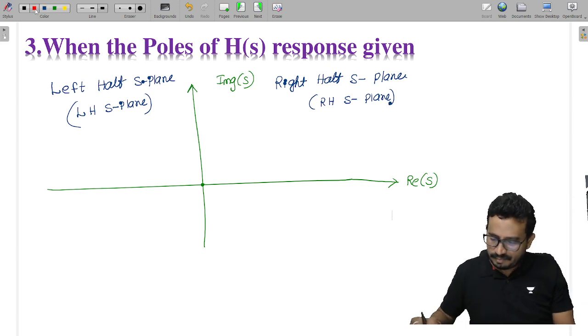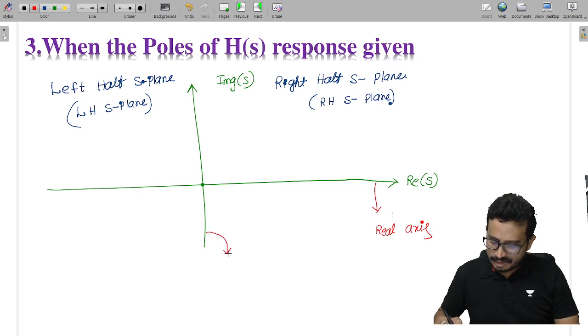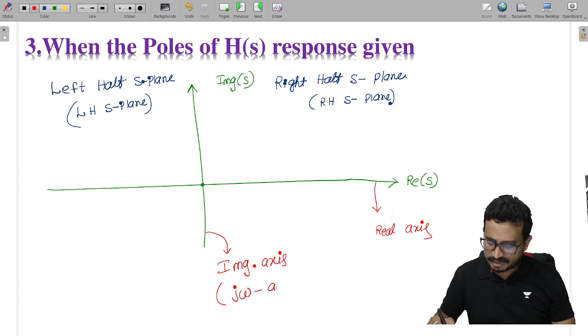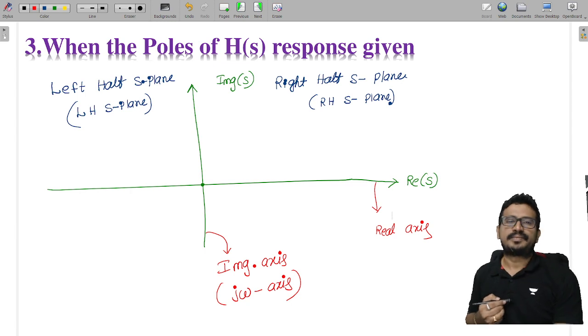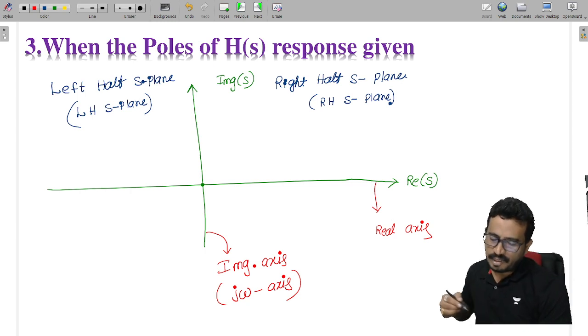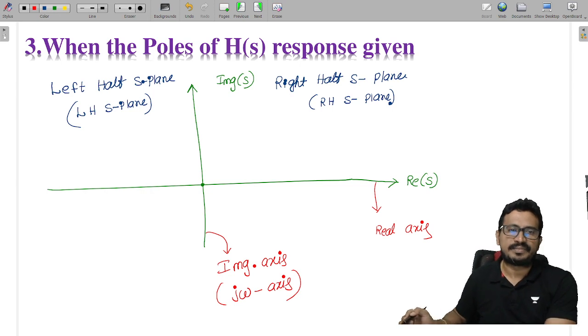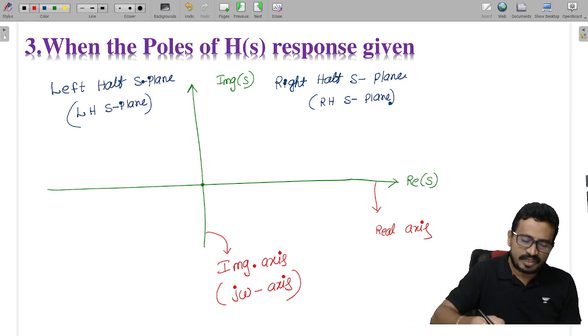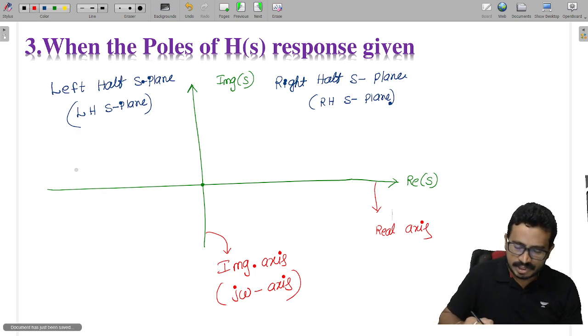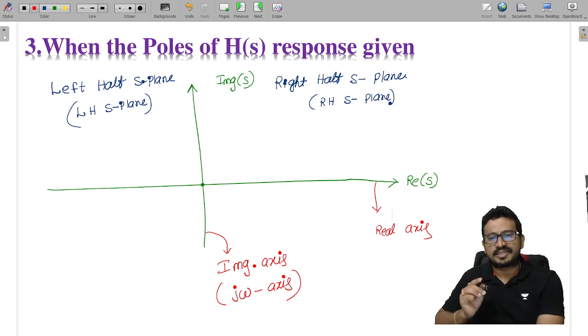Here this is a real axis, and this is an imaginary axis, the j omega axis. Now, if all the poles of the system, meaning the transfer function, lie only in the left of S plane, then I can say the system is stable.